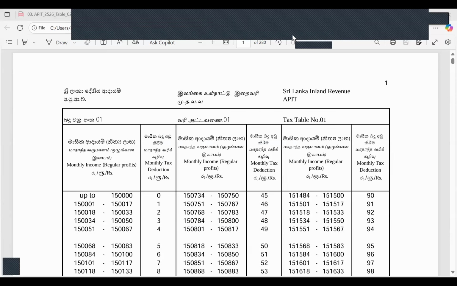Okay, this is table 1. Now we can move to table 2. What is the purpose of this table 2? This is table 2.